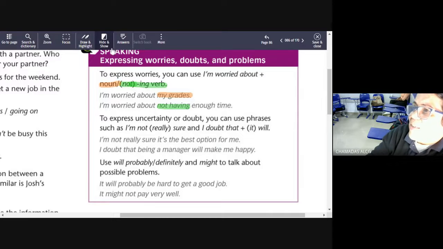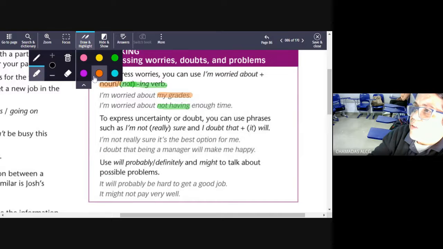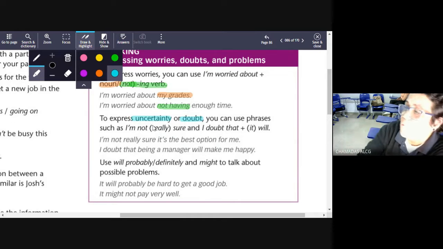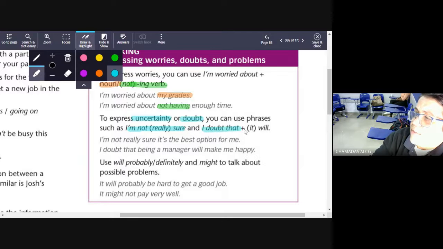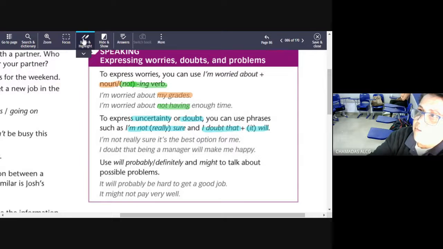So let's highlight them as well. In this case, I'm going to use blue, especially when we talk about the future, right? We're not always sure about what will happen. So you can say, I'm not really sure, or I doubt that something will or will not happen. Okay?